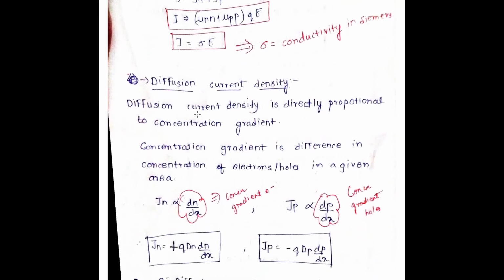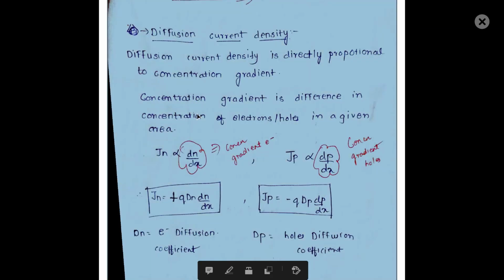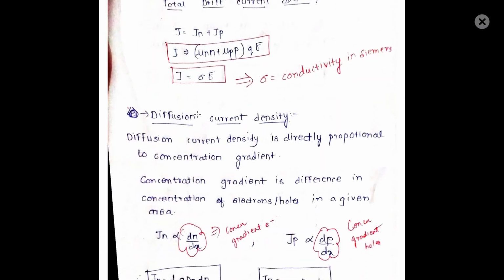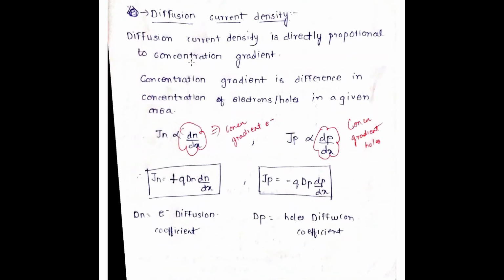Similarly, you have the diffusion current density. The diffusion current density is directly proportional to the concentration gradient. That means Jn is directly proportional to dn by dx, whereas Jp is directly proportional to dp by dx. So in case of diffusion current density, the current density of an n-type semiconductor is directly proportional to the concentration gradient of electrons.